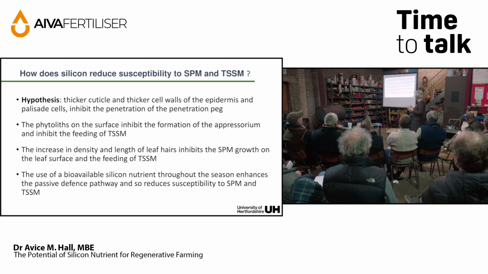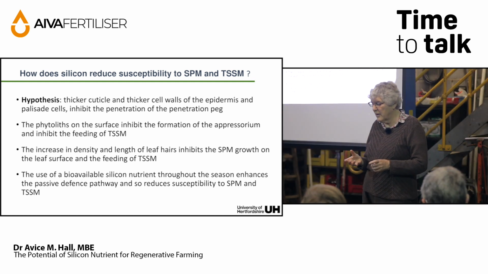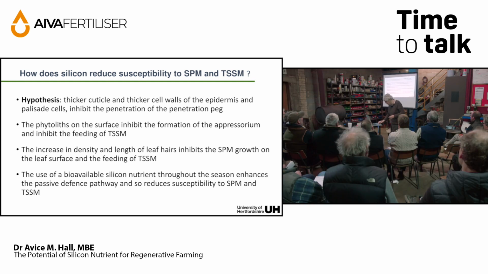And so the use of a bioavailable silicon nutrient through the season enhances the passive defense pathway and so reduces susceptibility. I do think for something like strawberries, it's regular use.